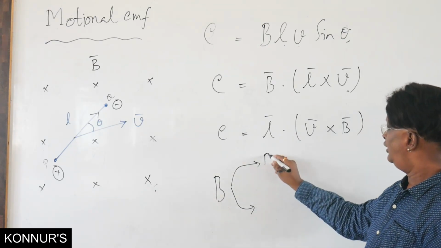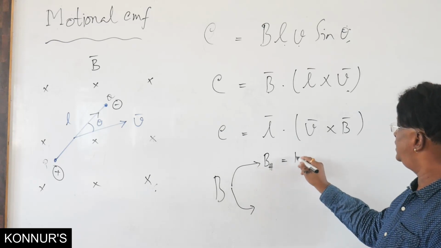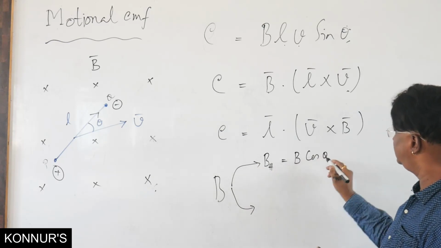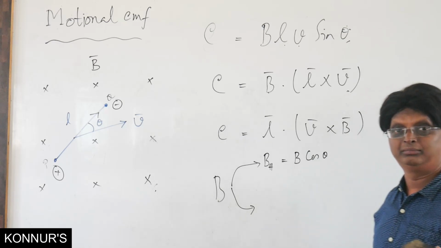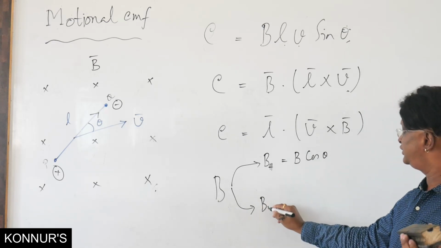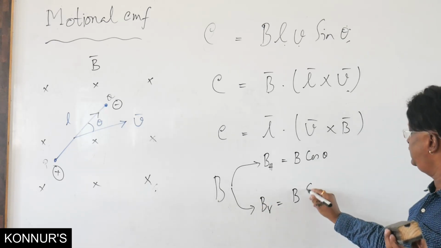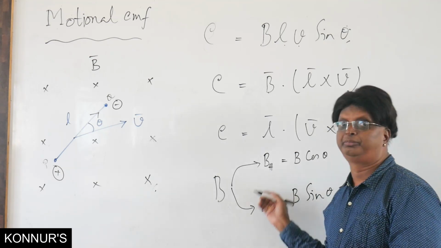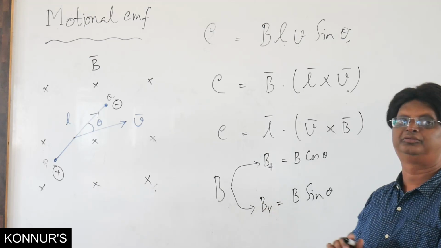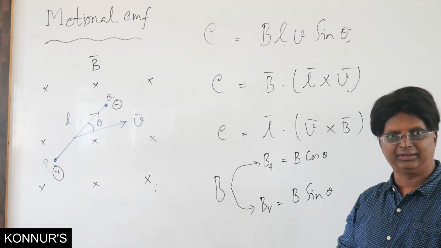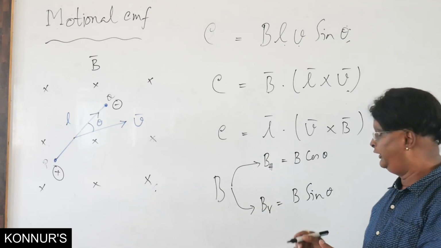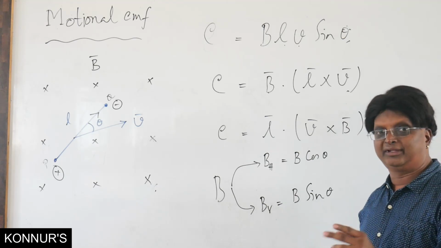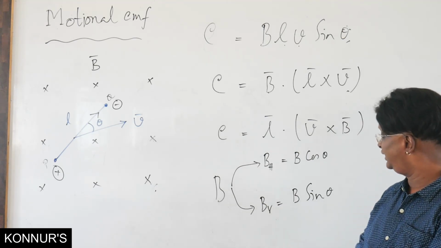That is the horizontal component, which is given by B cos theta, where theta is the dip, as we have in magnetism, and the vertical component is equal to B sin theta. In which examples we use BH and in which we use BV is a vital matter. So for that clarification, I am giving you one or two examples.